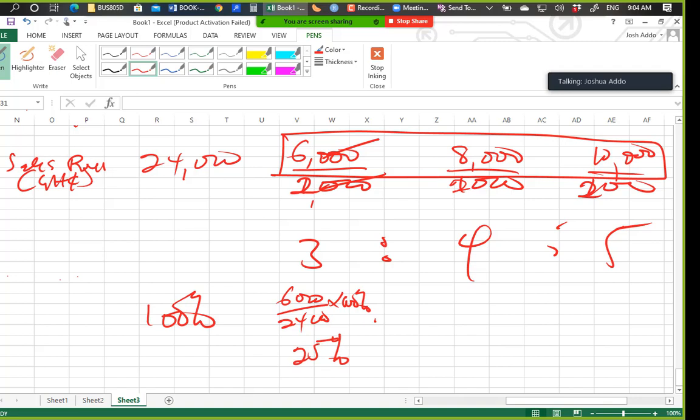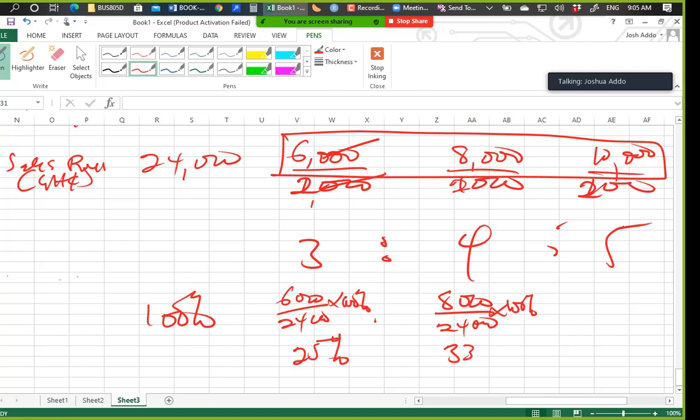And then this one would have been 8,000 divided by 24,000 times 100%. What will this be in percentage? 33.3333. And that's where the problem comes from.